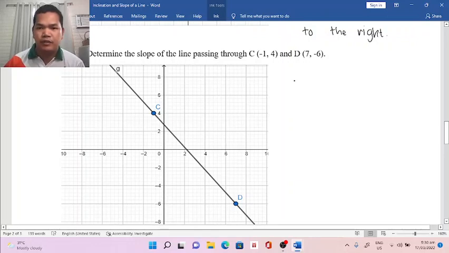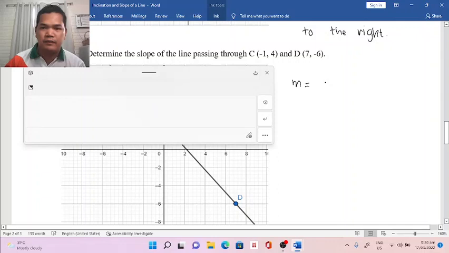Let us compute for its slope. m is equal to y sub 2 minus y sub 1 over x sub 2 minus x sub 1. So this would be our x sub 1, y sub 1, x sub 2, y sub 2.